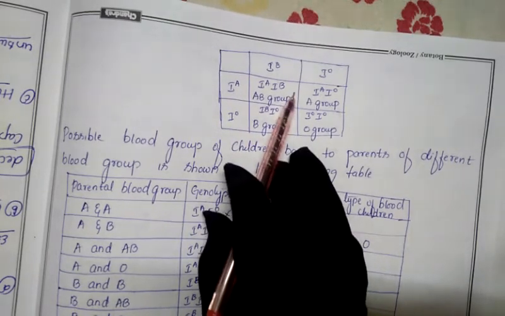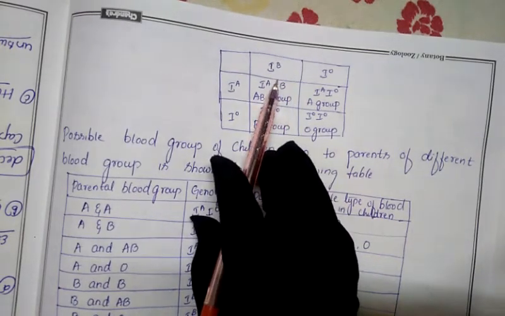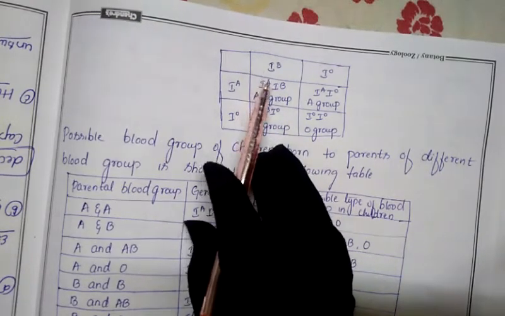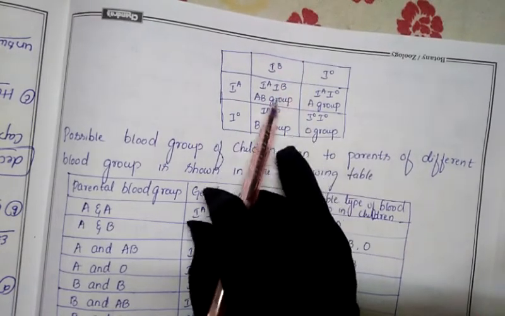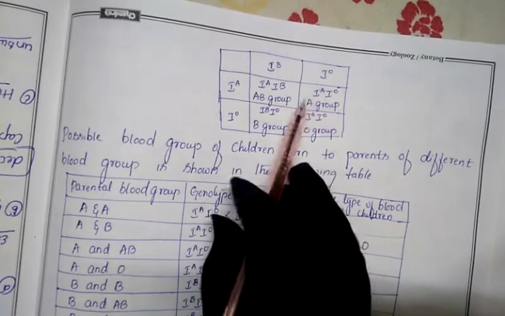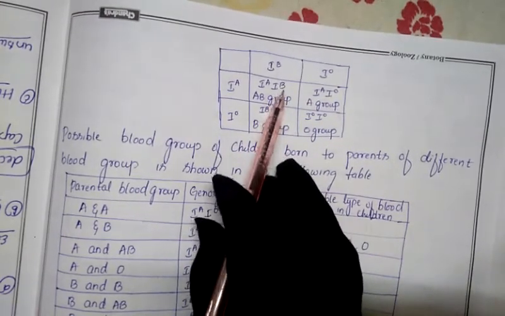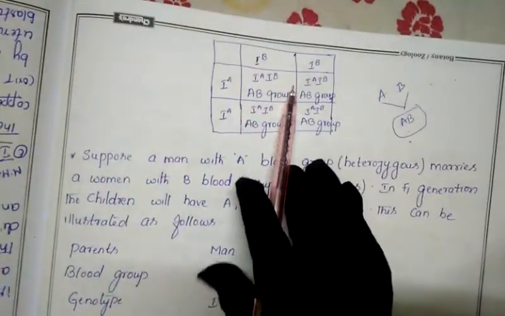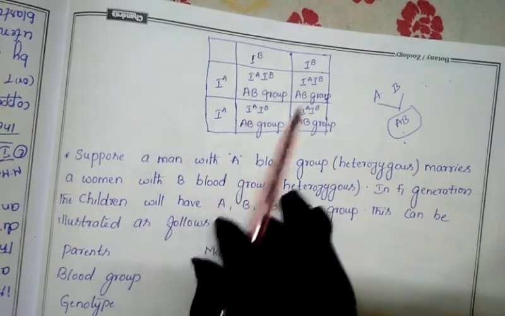So if the parents with A and B blood group have genes in a heterozygous condition, then among all the children, 4 different blood groups will appear: A, B, AB and O. This appears only when they are in a heterozygous condition. Whereas in a homozygous condition, all the children are born with the same blood group: AB, AB, AB, AB.